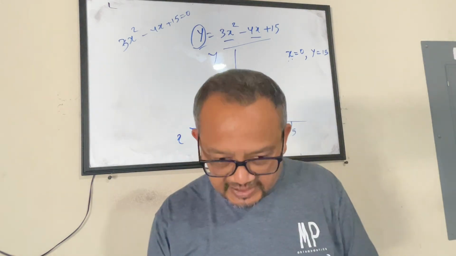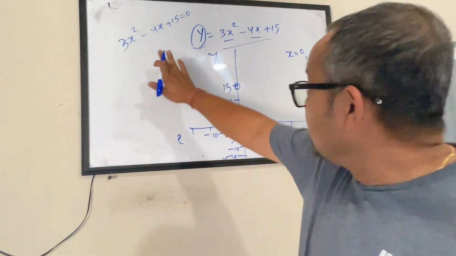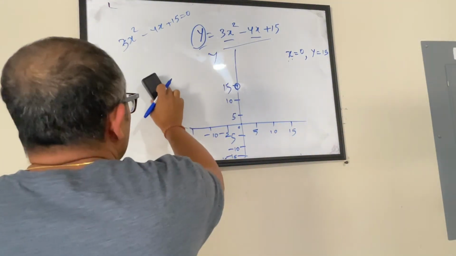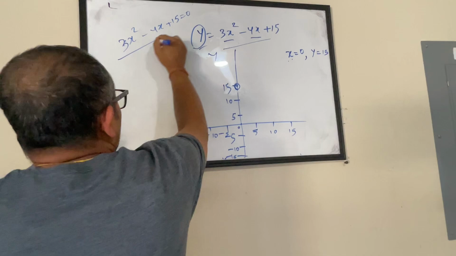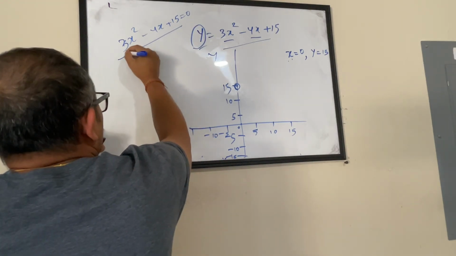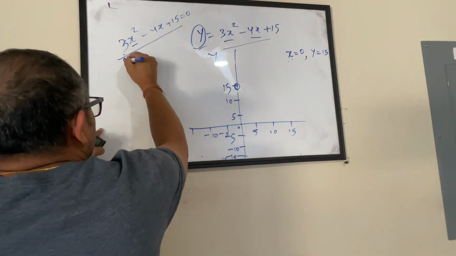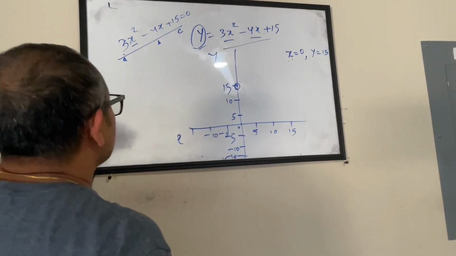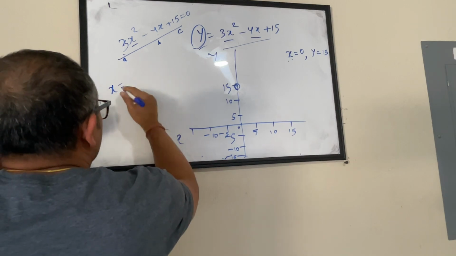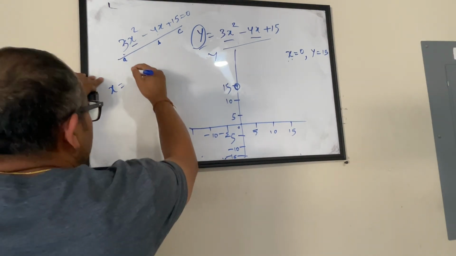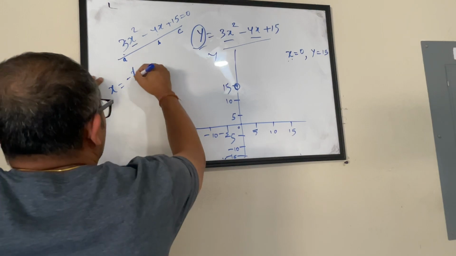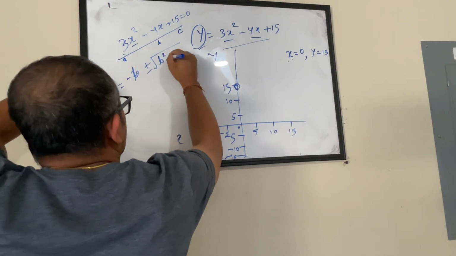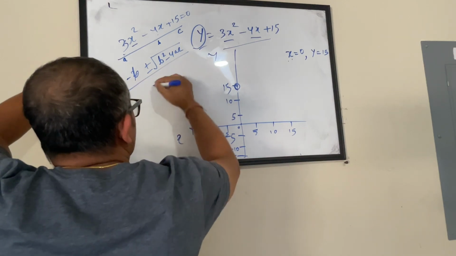Okay, so now here a simple solution. Many of you know how to solve it. So if I have an equation like this, the coefficient of x squared is a, the coefficient of x is called b, and the last constant is called c. There is a way you can find out the two answers for x: x equals minus b plus minus the square root of b squared minus 4ac, divided by 2a.